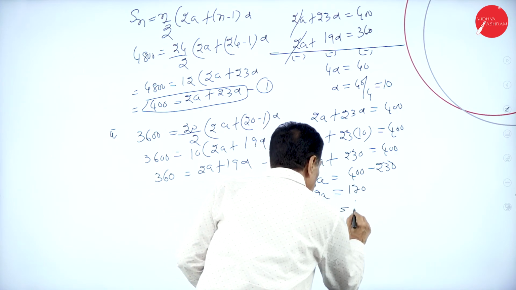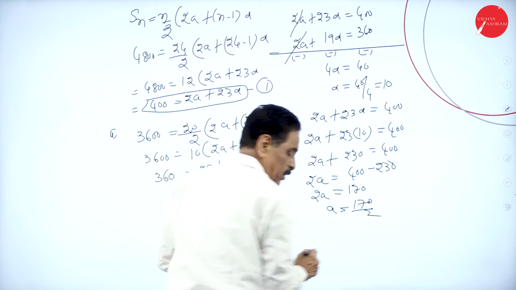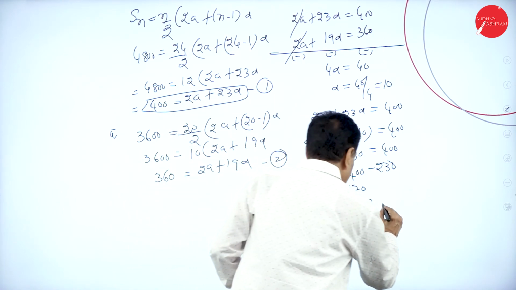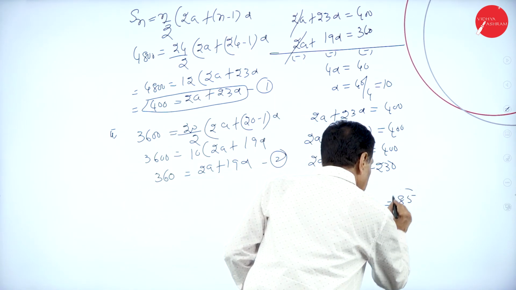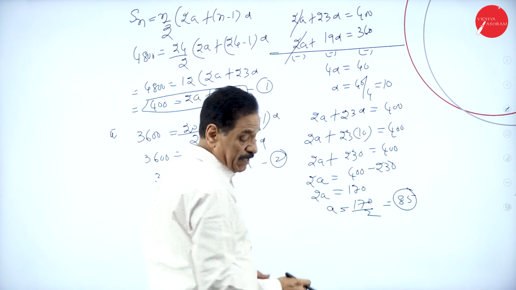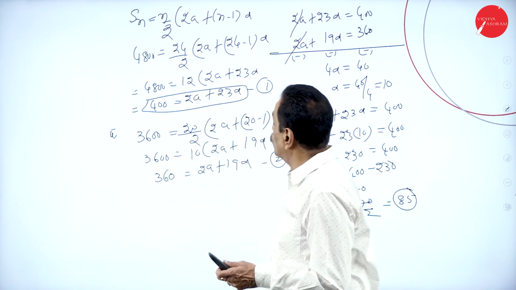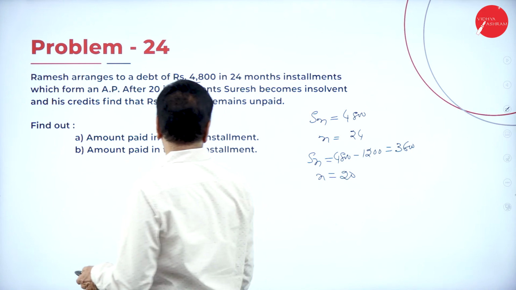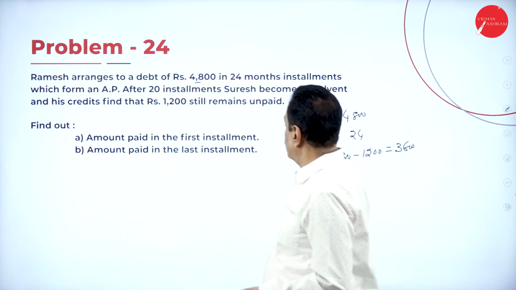A is equal to 170 divided by 2, which is 85. A is 85. So what he wants to know is the amount to be paid in the last installment.